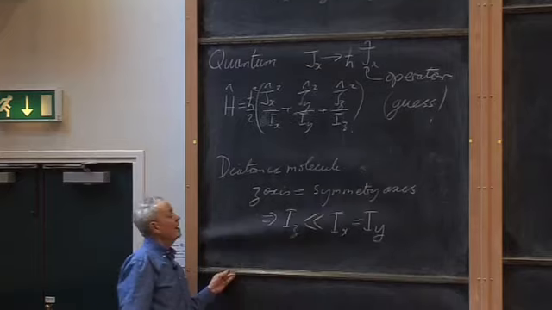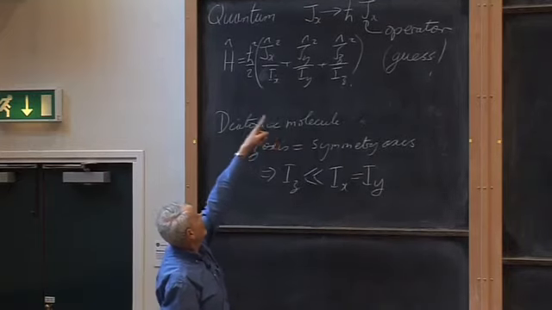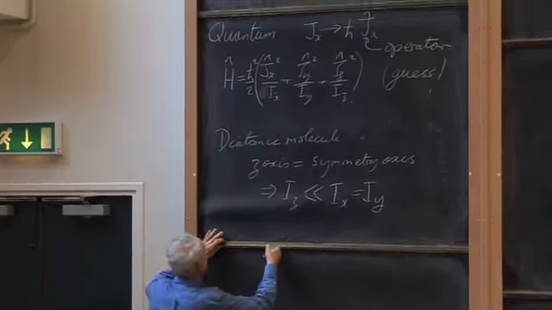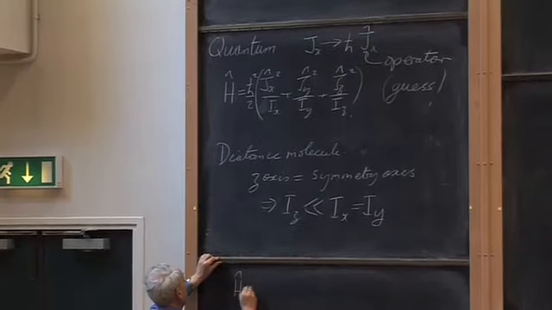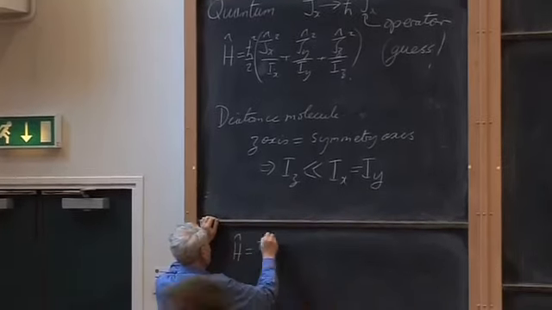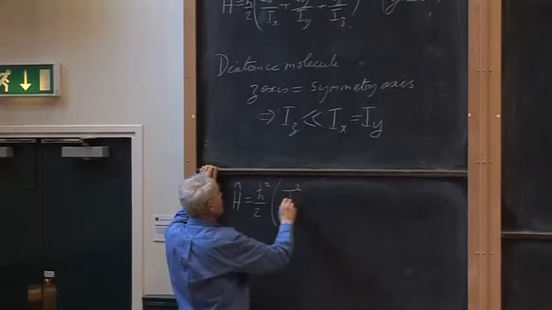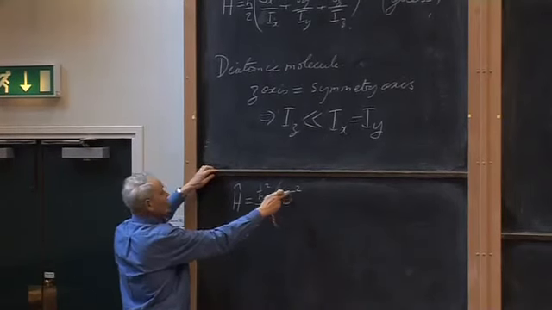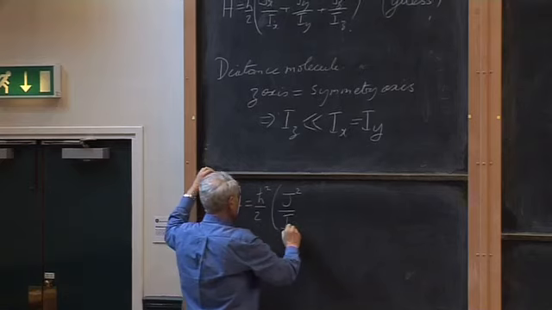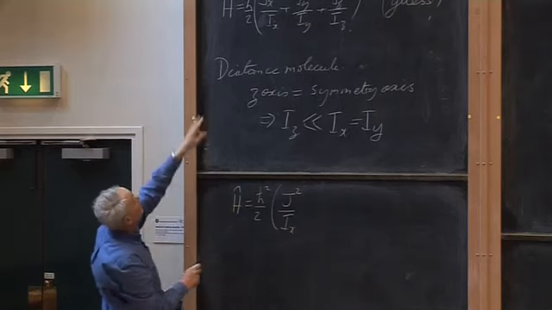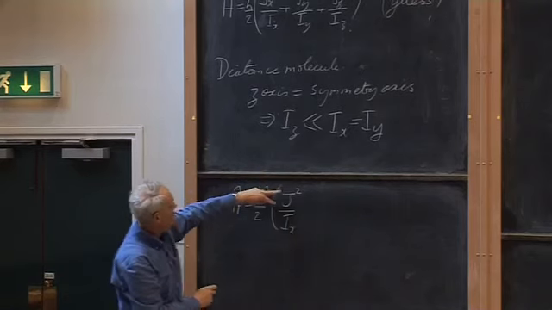So given that Ix is equal to Iy, it's natural to rewrite this Hamiltonian as H equals h bar squared over 2, brackets J squared, which is Jx squared plus Jy squared plus Jz squared, divided by Ix, which is equal to Iy. So those first two I've combined together into here.